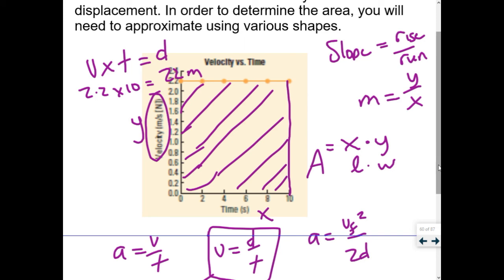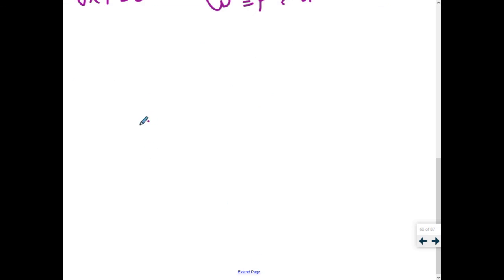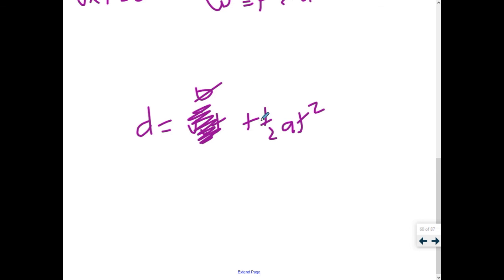I want to give you a scenario where this might be helpful. You guys know the formula D equals VIT plus 1/2 AT squared. Let's suggest nothing so that we can just blot that out. Do you see how these things are being multiplied by each other? What if I were to plot a graph of 1/2 A and T squared?